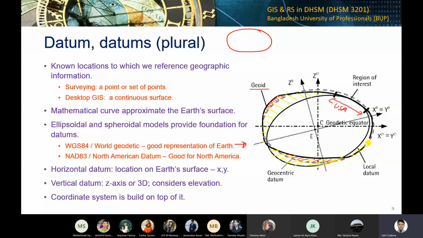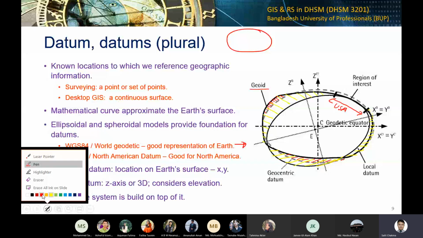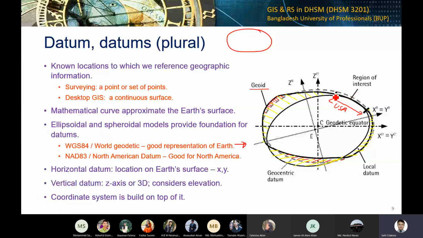However, it matches the geoid located on the surface of the region of USA, with very little difference. Based on that, now we could have a local coordinate system. This is called the local coordinate system for USA, only for USA. And these sorts of datum are known as local datum.